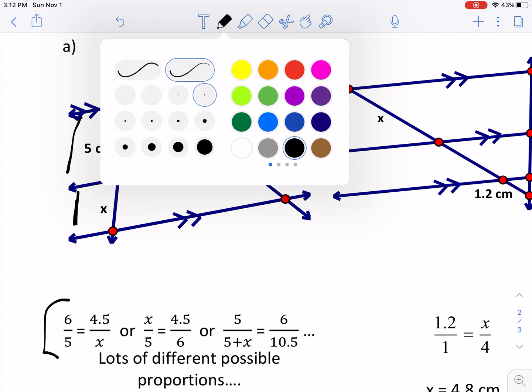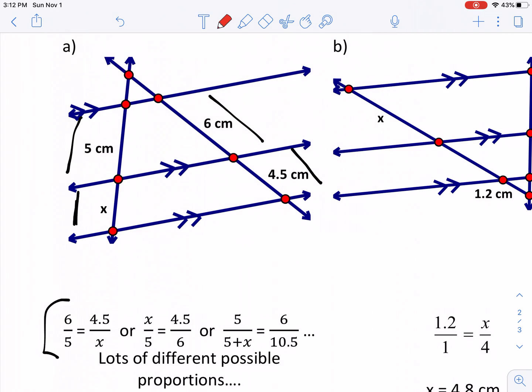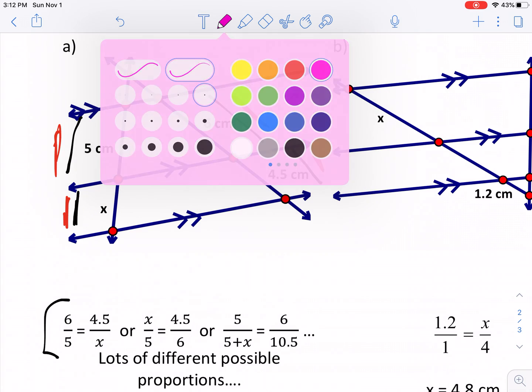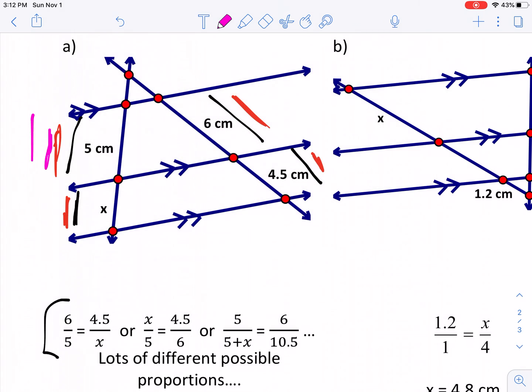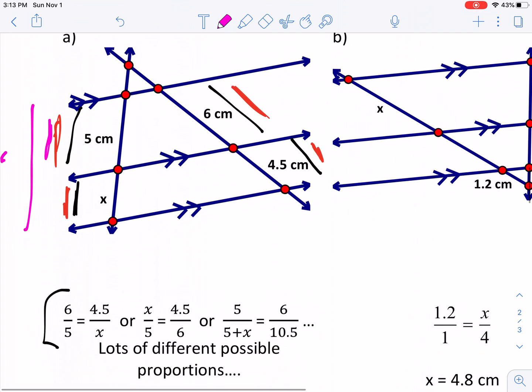Another way we could think of it, they say, is X over 5 should be proportionally the same as 4.5 over 6. That's another way that we could solve it. We can also think about it in terms of totals. 5 over the total side length, in this case, the total side length would be 5 plus X, right?